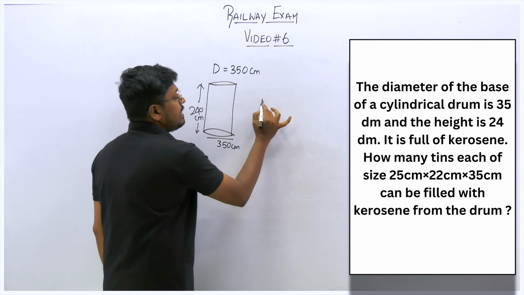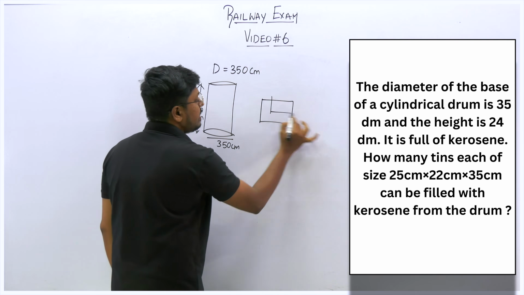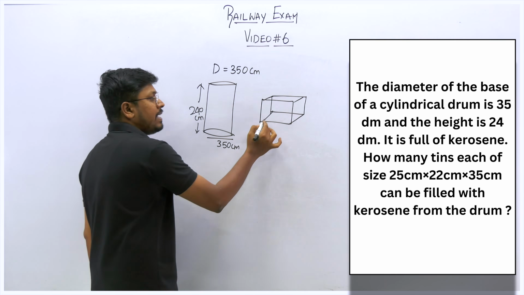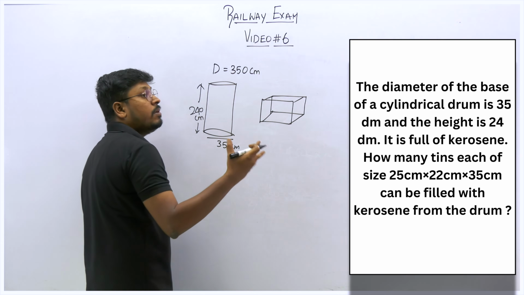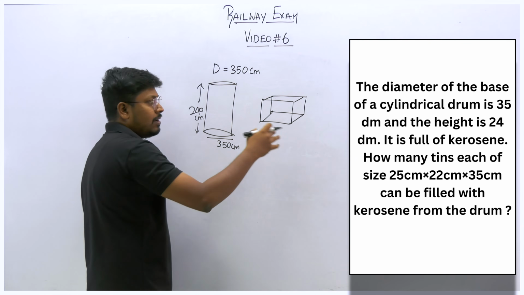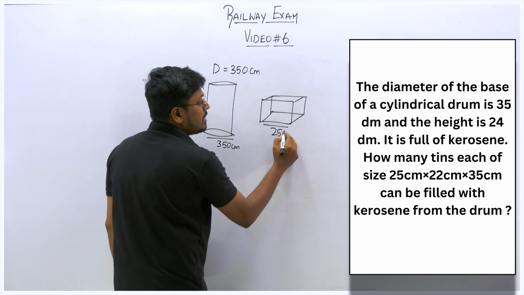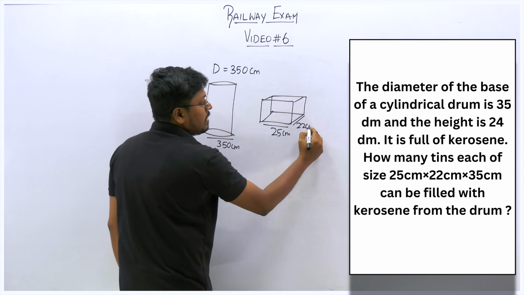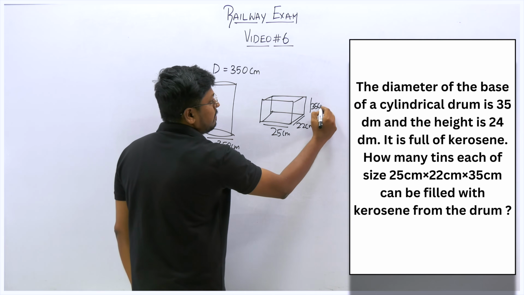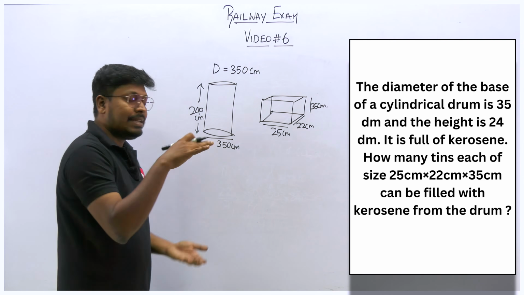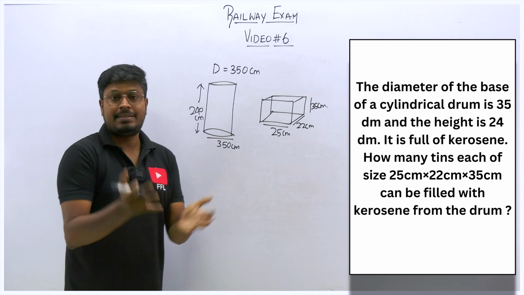The tin size has been given, not an equal size, different length and height has been given. So we can say that this is not in the form of a cube, it is in the form of a cuboid, a rectangular tin, which is 25 centimeter, 22 centimeter and 35 centimeter. If all the values are the same, then we can say that the tin is in the form of a cube, because all the sides are the same.